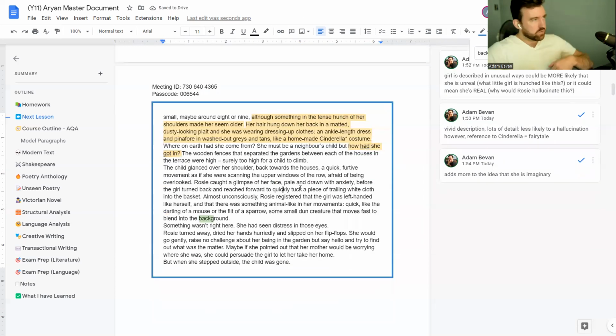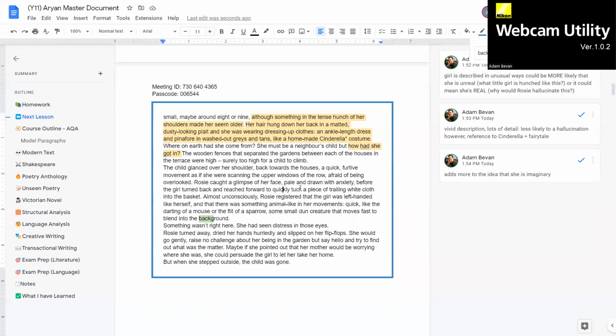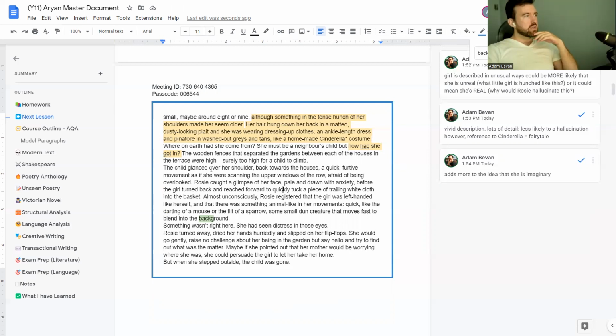The child glanced over her shoulder back towards the houses, a quick, furtive movement, as if she was scanning the upper windows of the row, afraid of being overlooked. Rosie caught a glimpse of her face, pale and drawn with anxiety, before the girl turned back and reached forward to quickly tuck a piece of trailing white cloth into the basket.